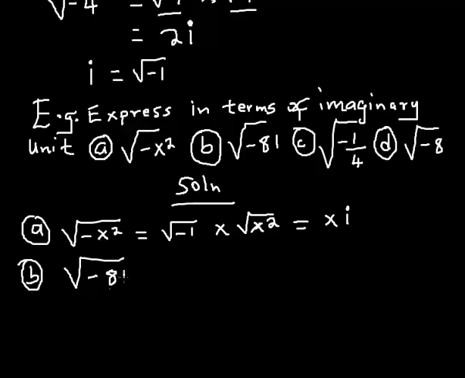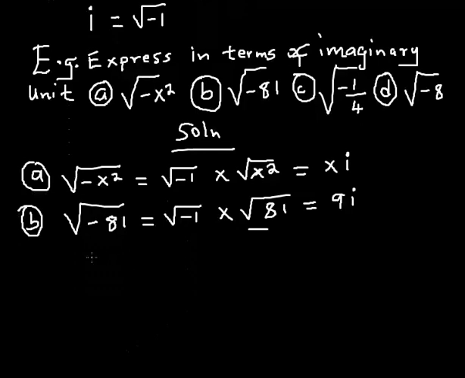Then, of course, the coefficient of the imaginary part, x minus y, is equal to the coefficient of the imaginary part at the right-hand side, which is 3. So x minus y is equal to 3. I'll call this equation 2. I can solve this simply by elimination. I'll do equation 1 minus equation 2.